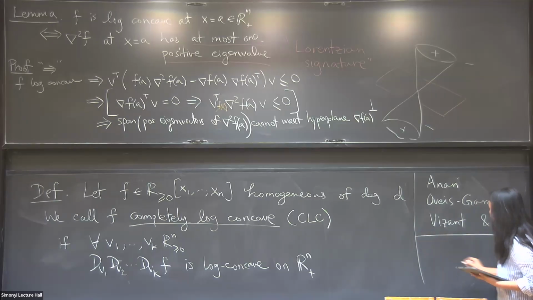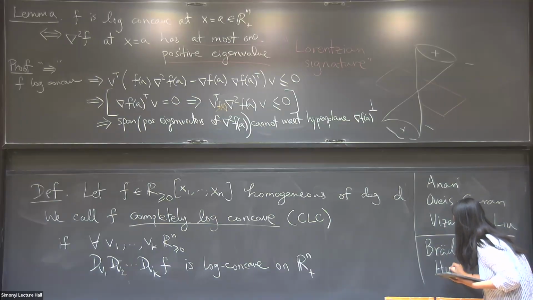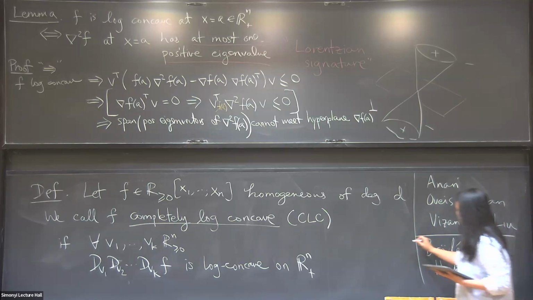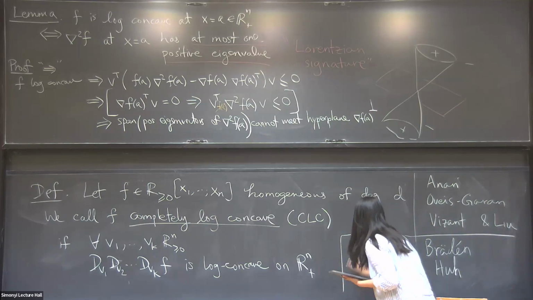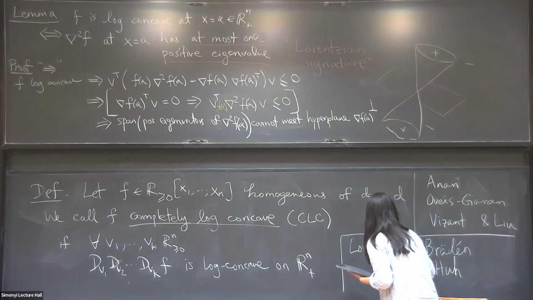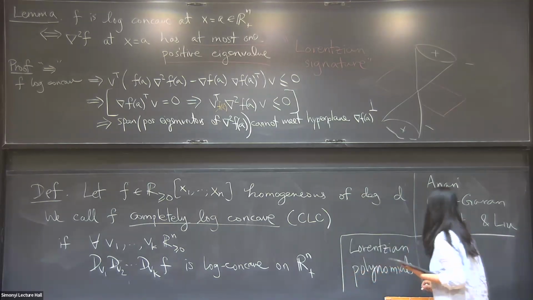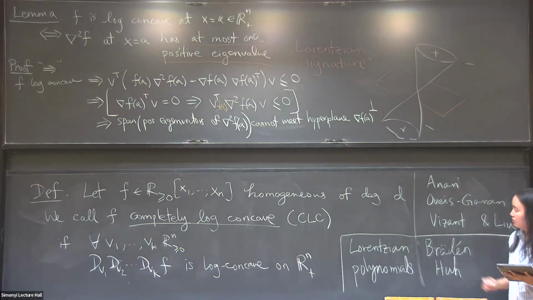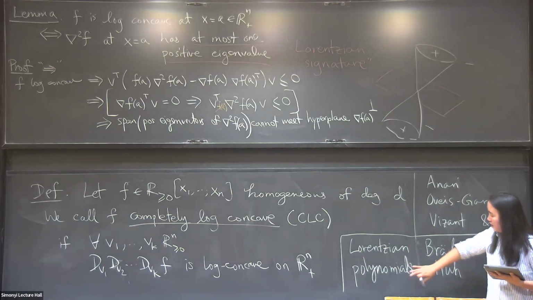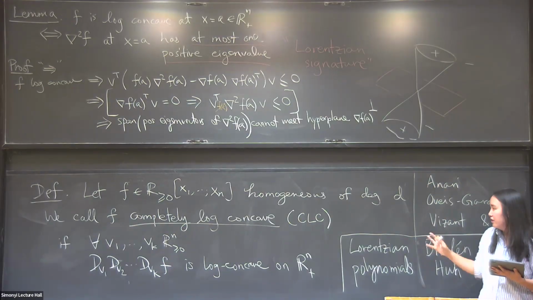At the same time, we also have Petter Brändén and June Huh. They came up with what they call Lorentzian polynomials, and they also prove many things about them. The definition is different. The definition of Lorentzian polynomial relies on Lorentzian signatures and derivatives.